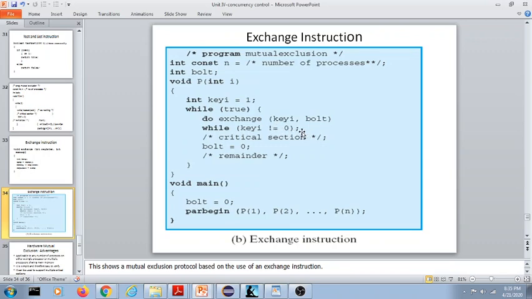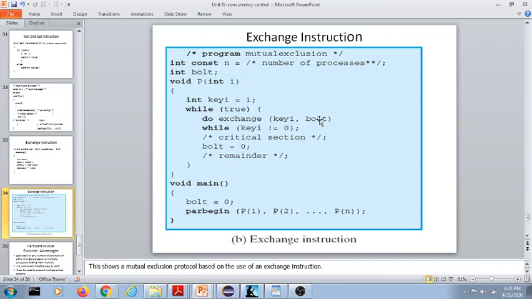Once the bolt value is 0, the control will come out of the while loop and the process will be free to enter its critical section. But at that time key 2's value is shifted to bolt, telling the other processes that the bolt variable is now non-zero, meaning the resource is engaged by some process. So this exchange instruction exchanges the value of key 2, which is 1, with bolt equal to 0.